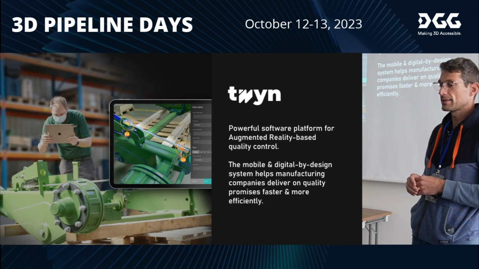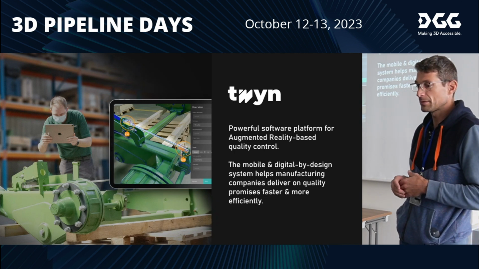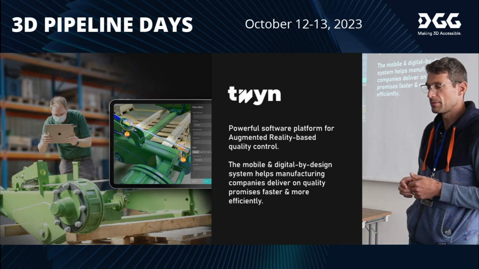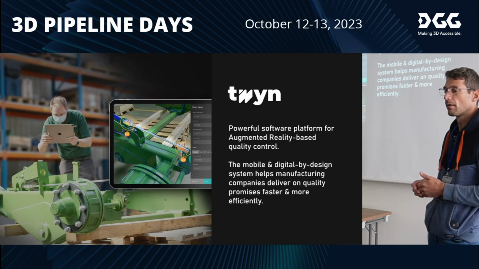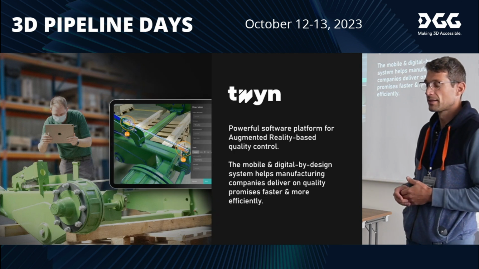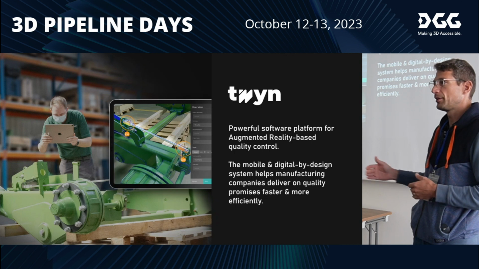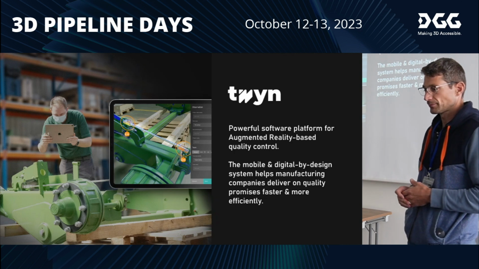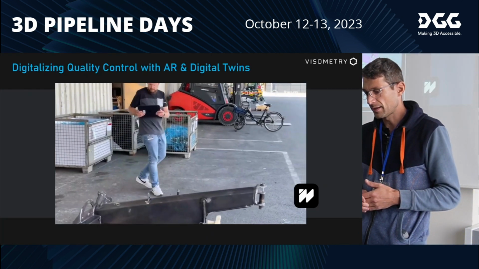This is a software solution where we address quality engineers who can use a tablet PC. Mostly we use iPads to identify differences between their 3D CAD data and the produced parts, with the idea to quickly identify errors very, very early in the assembly process. So here is an example.